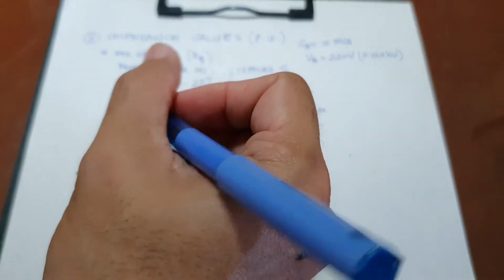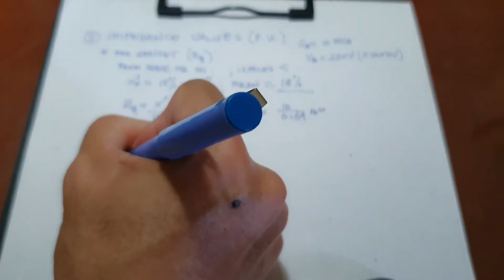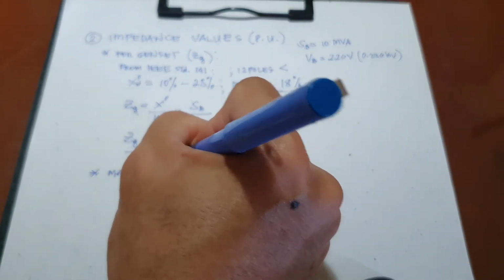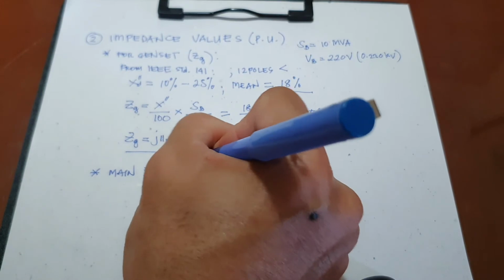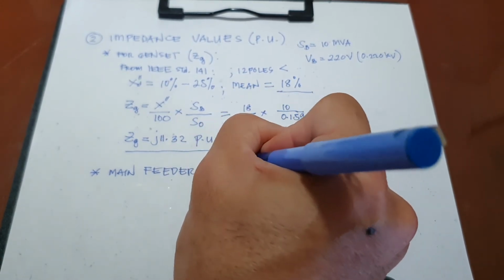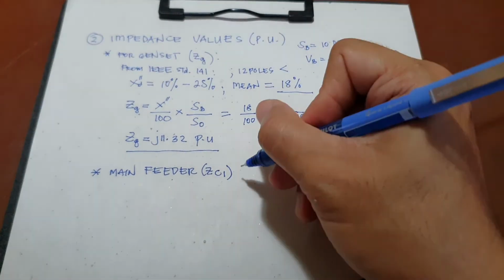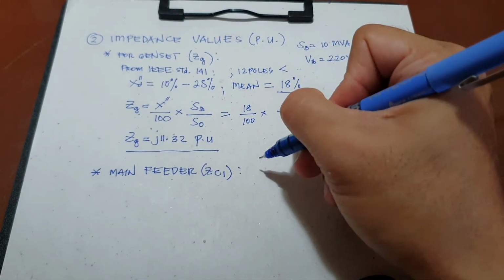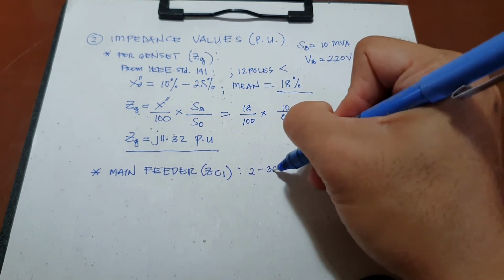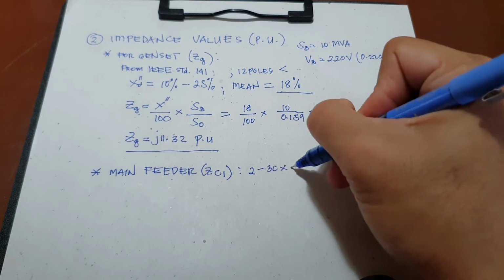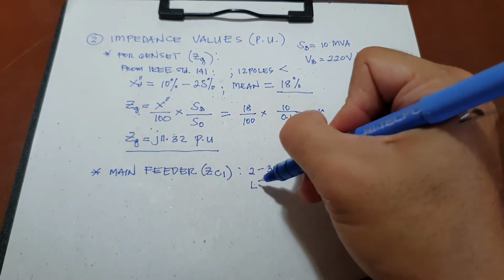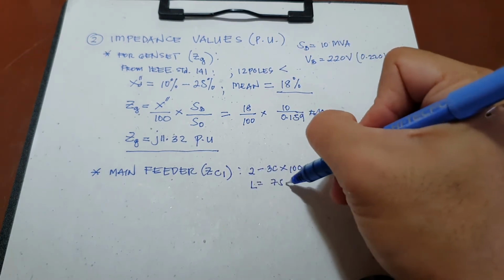So next, for the main feeder, ZC1. Okay, the size of the cables is two sets of 3 core by 100 mm squared, and the length is 75 meters.